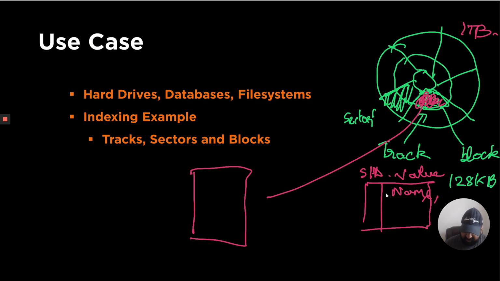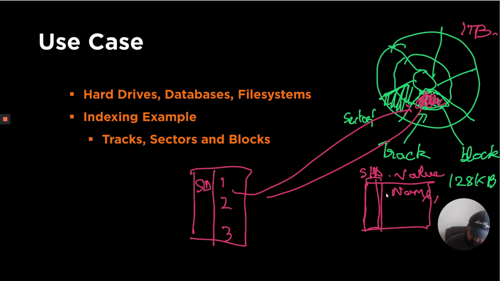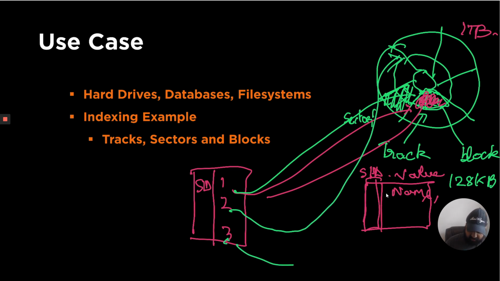So instead of bringing the whole block, what we can keep in the main memory is just the student IDs. So we create SIDs. All the SIDs are stored here, and these indices point to different block locations. Let's say one is pointing to one block, two might be pointing to another block, and all the values between 3 and 4 might be pointing to another block.